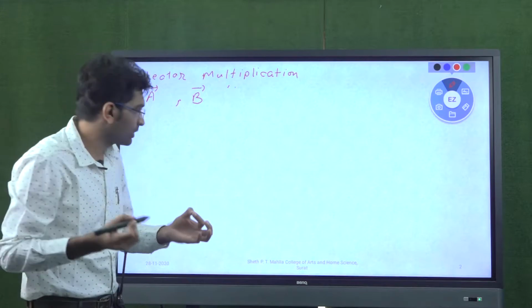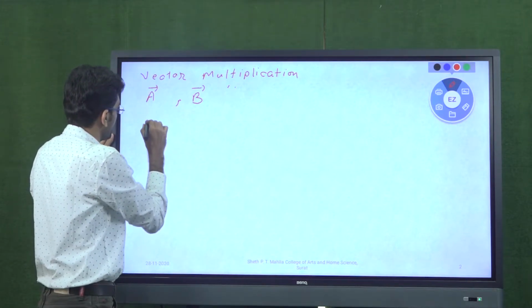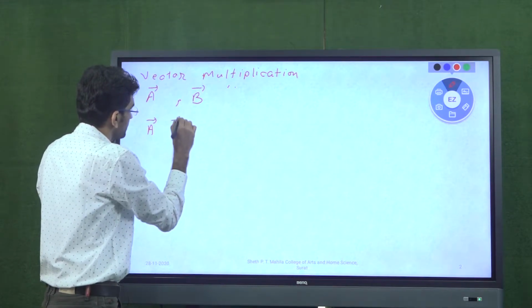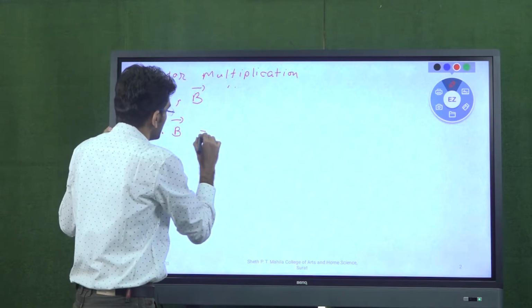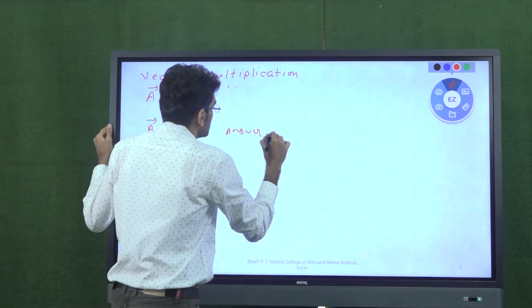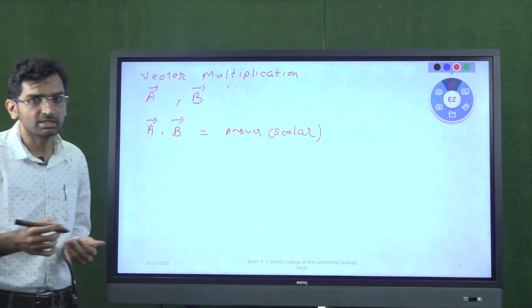So what is scalar product? If I multiply vector A with vector B and my answer is a scalar, then that is called the scalar product.